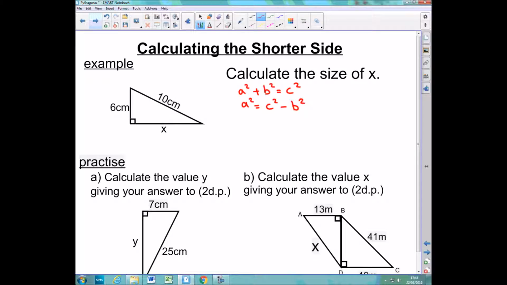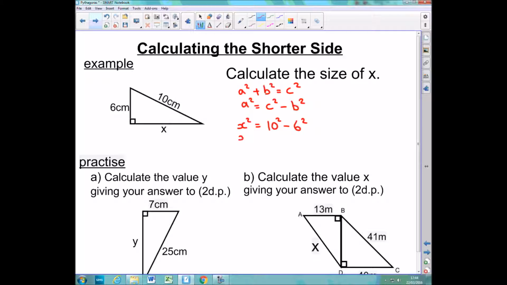So as you can see here, what I'm going to do is square the sides again, just like I did before, but I'm going to take away one of the smaller sides from the hypotenuse or longer side, and that will help me to get the shorter side. So in this case, I've got x squared, which is my smaller side, equals 10 squared minus 6 squared.